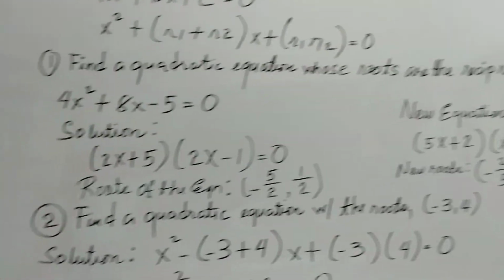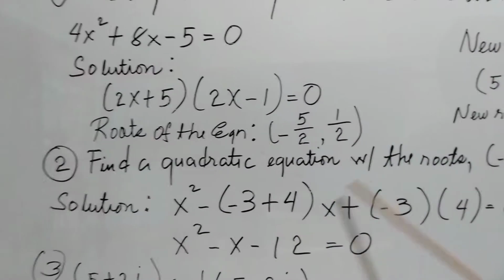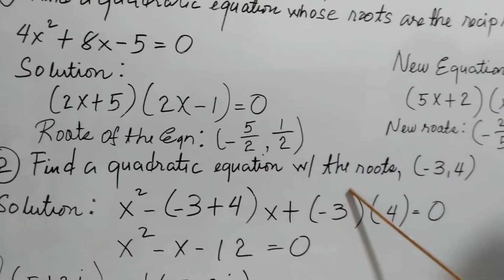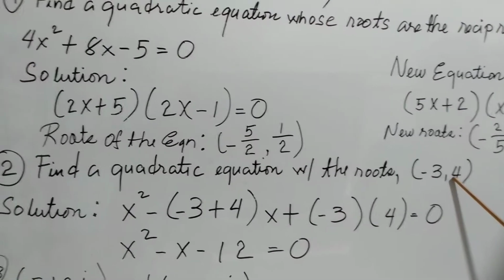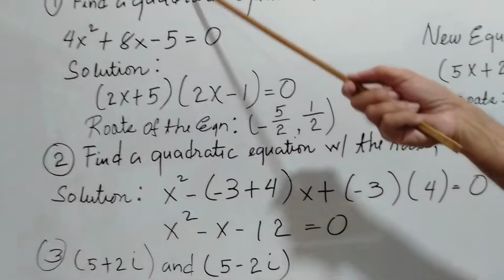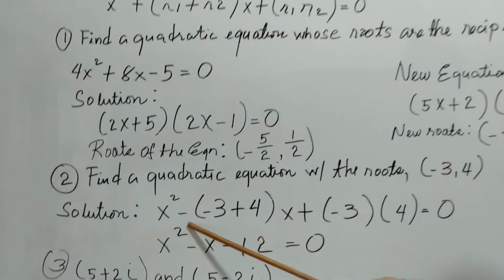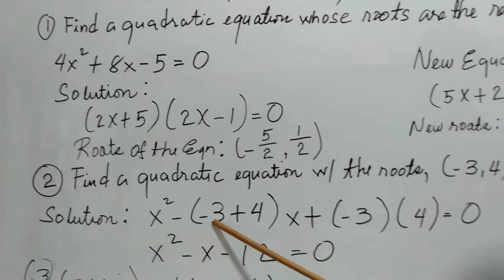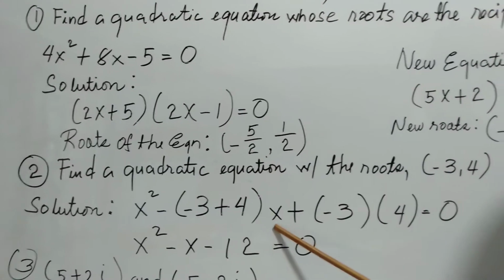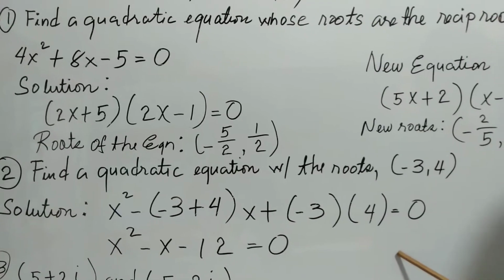So problem number 2: find a quadratic equation with the roots negative 3 and 4. So we substitute these roots into this formula. So x squared minus parenthesis negative 3 plus 4 times x plus negative 3 times 4 is equal to 0.